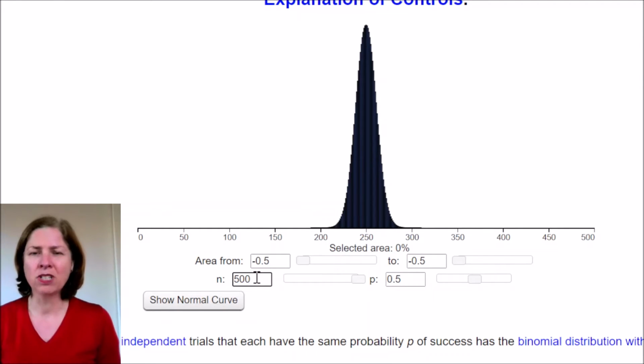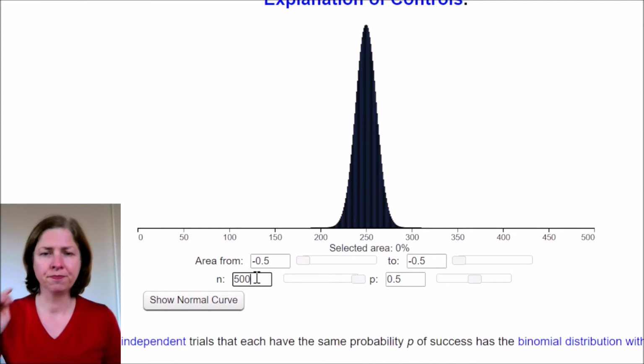The most likely things to happen look like being between about 220 heads and maybe 280 heads. Less than that or more than that starts to look really, really unlikely. So my graph is getting a lot skinnier, but it's definitely looking like a normal shaped bell curve.